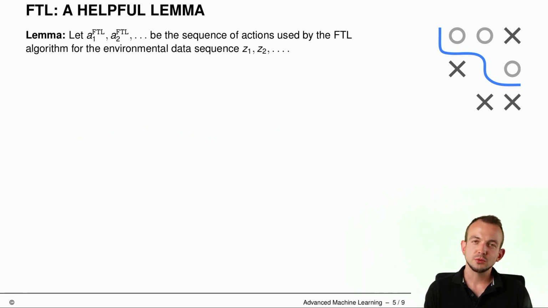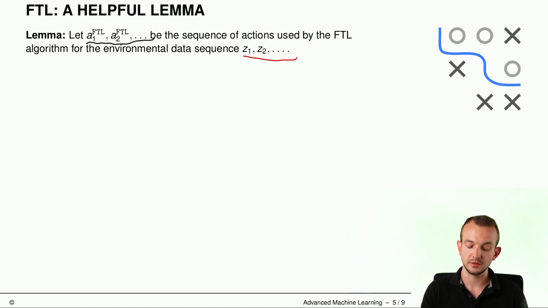And in order to analyze this follow the leader algorithm, we will have a look at the following helpful lemma, which we'll use to derive theoretical guarantees. And it's stating the following. So imagine the sequence of actions used by the follow the leader algorithm, A1, A2, and so on, are denoted in this way for some arbitrary environmental data sequence Z1, Z2.